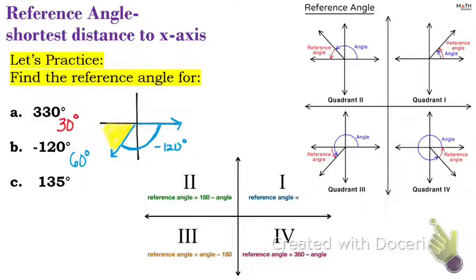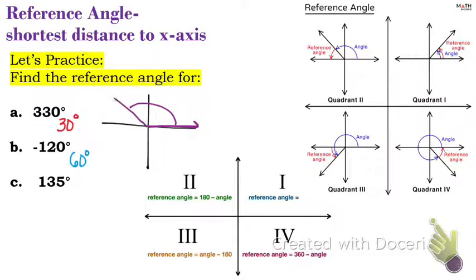All right, let's do our last one, 135. So 135. I'm going to rotate this way. So this is 135 degrees. And then take a second to find your reference angle.